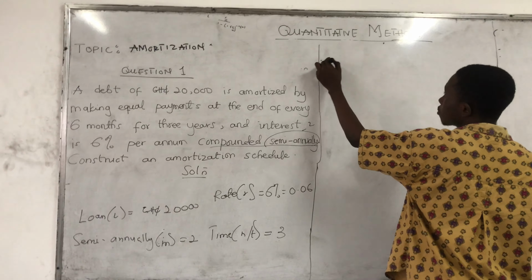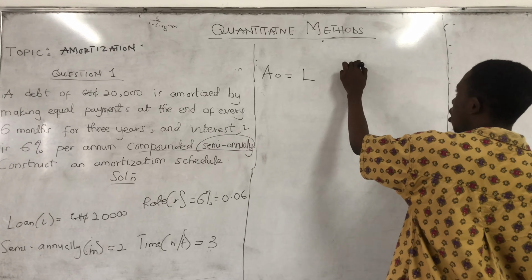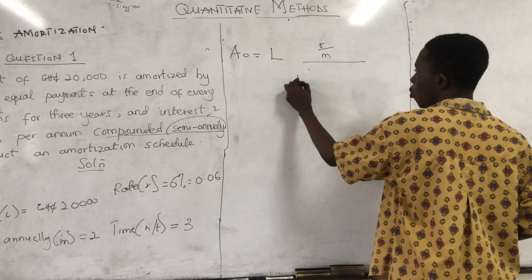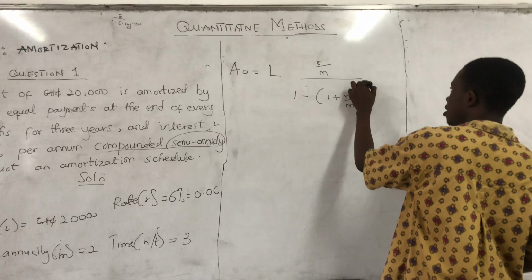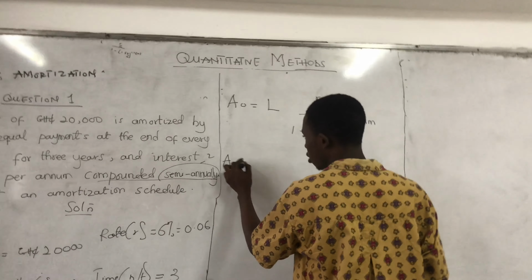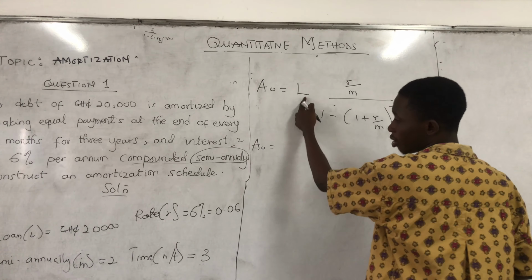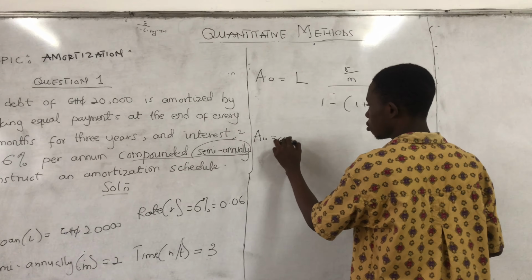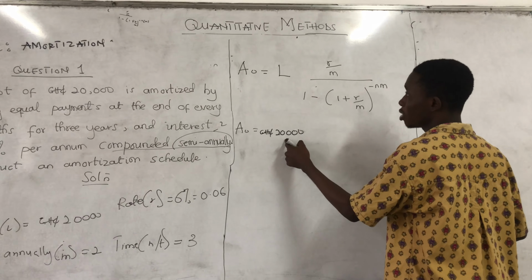So now we have A0 is equal to L times R over N, all over 1 minus (1 plus R over N) to the power minus N times T. Now, the loan is 20,000.